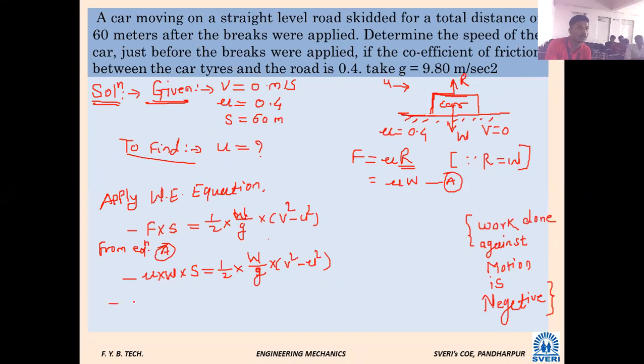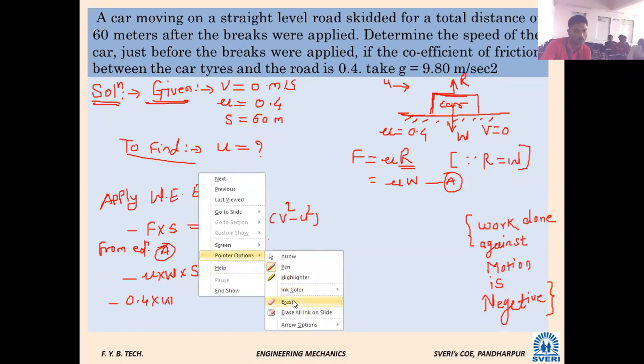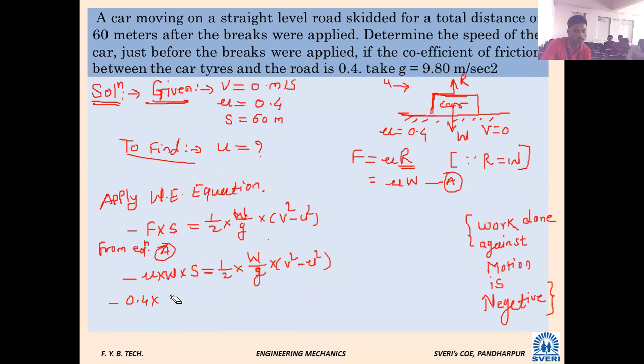So minus mu, 0.4 into W, because W is going to cancel. Value of S is known to you, 60, equal to 1/2 into this W, value of G is 9.81.